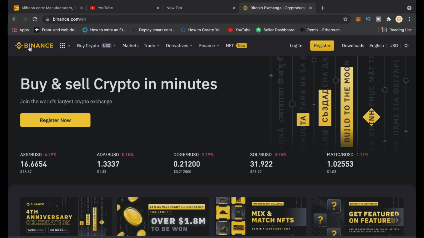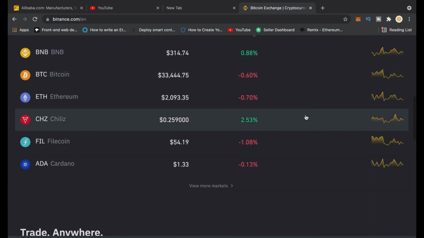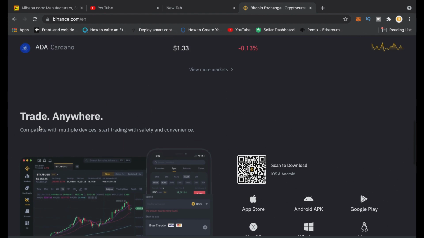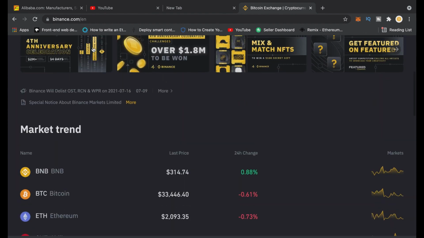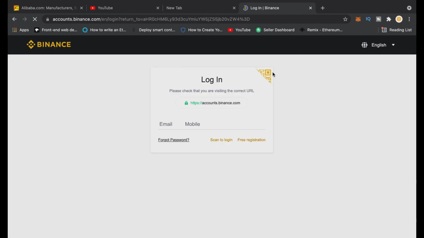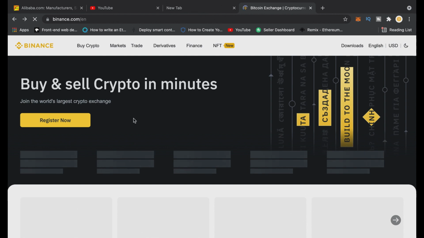So basically, that is the brief explanation of what is on this platform, or what the interface of the site looks like. Then you can just go ahead and log in here, right? So when you want to log in, okay, first, you can go ahead and register here.